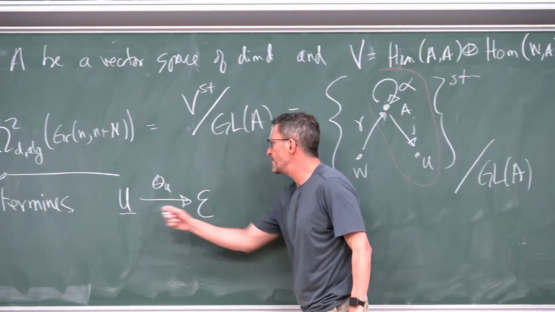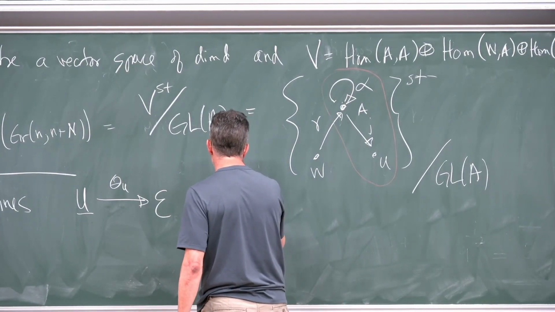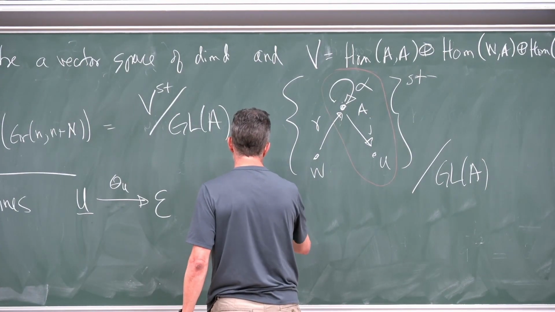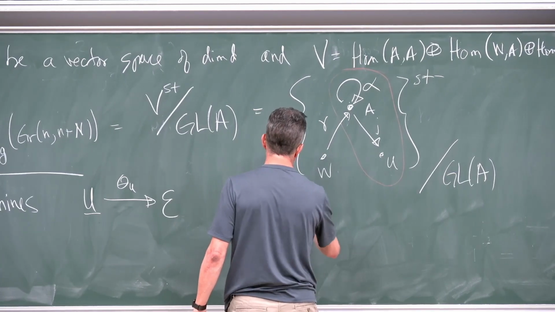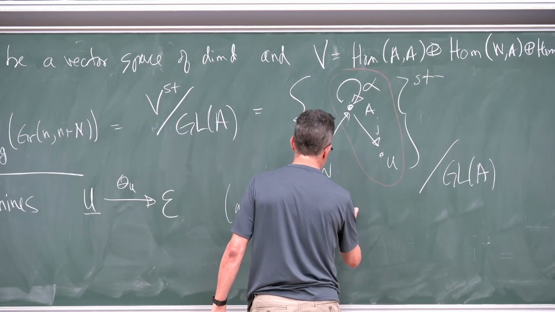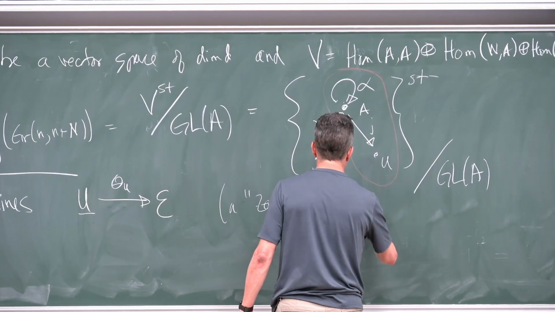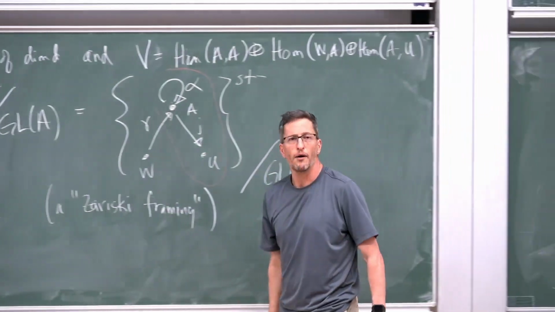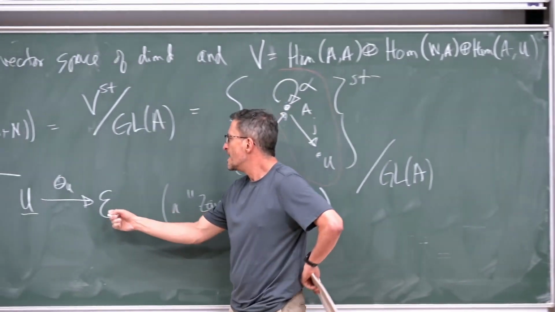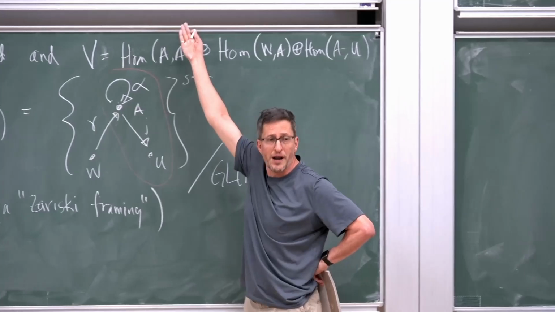And I want to think about this, actually, let me give this a name. I'll just call this a Zariski framing. So what is that supposed to connote? So my bundle E is sort of framed at P infinity.